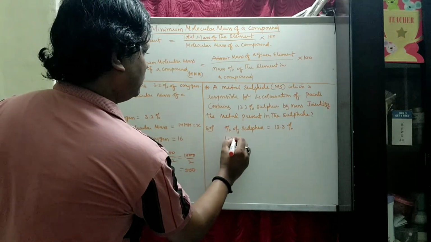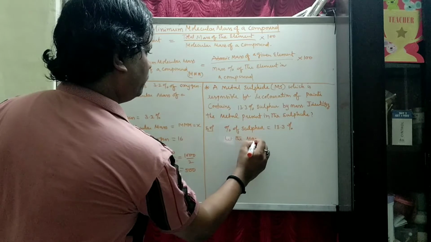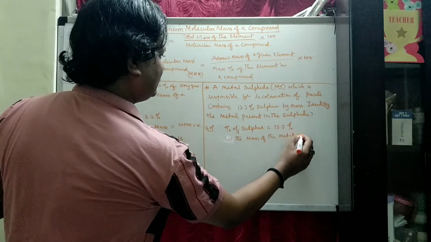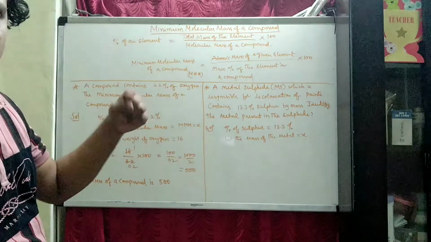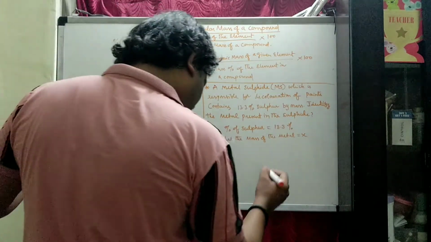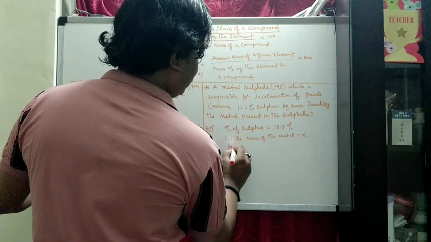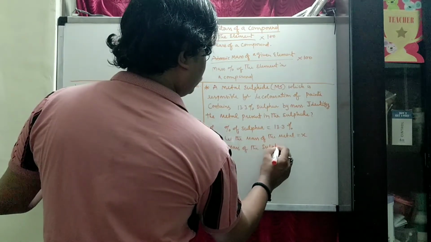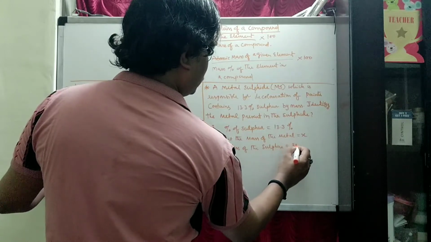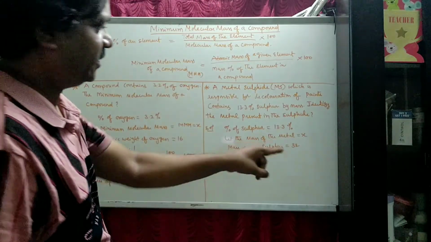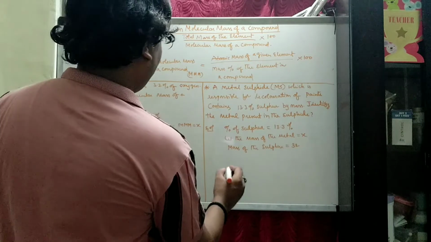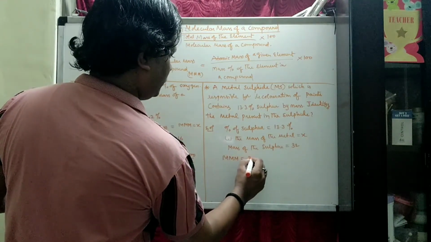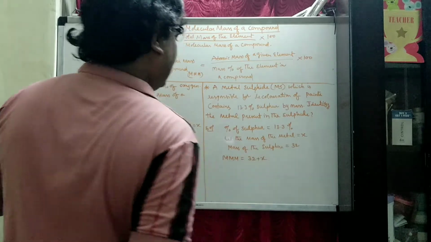Let the mass of the metal be X. You know the mass of sulfur, which is 32. So the minimum molecular mass is 32 plus X.